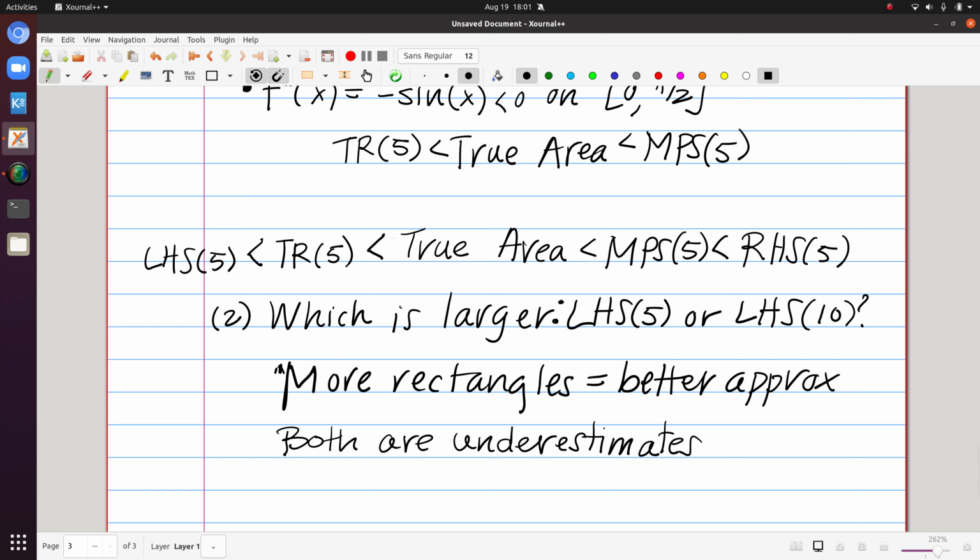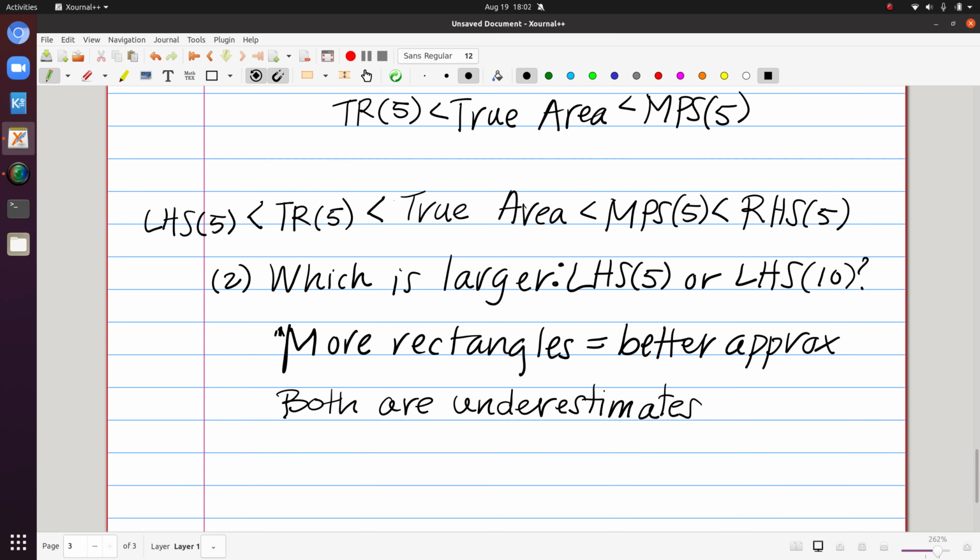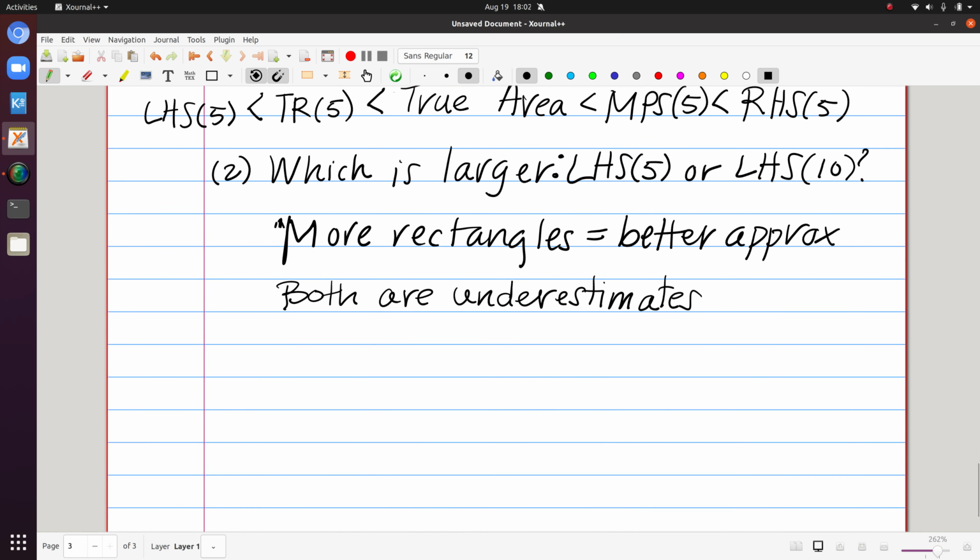So if you have two underestimates and we're saying that one of them is a better approximation, you want to think about which one would be closer to the true answer. So if they're both smaller, the better approximation should be larger. So putting that together, I can say that the left-hand sum with 10 rectangles would have to be larger than that with 5 rectangles. So now we're starting to see how we could rank order within one Riemann sum, how the effect of the number of rectangles is going to come into play.